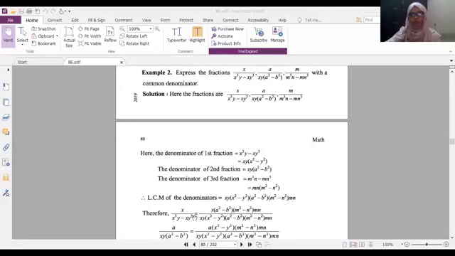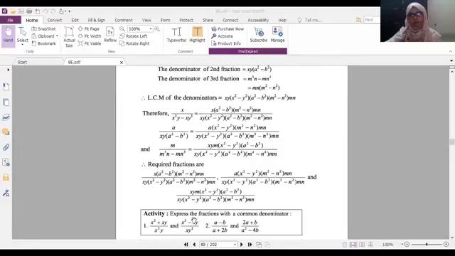Now multiply both numerator and denominator by this quotient. We get x into a square minus b square into m square minus n square into mn by xy into x square minus y square into a square minus b square into m square minus n square into mn.